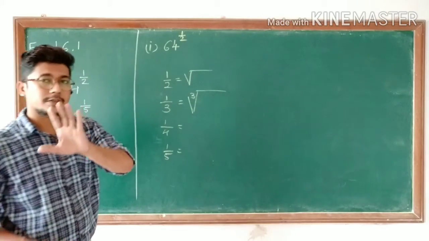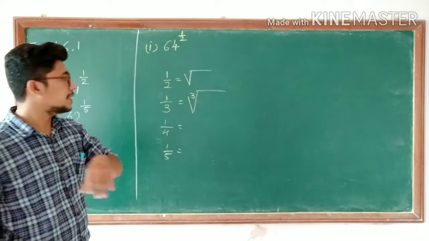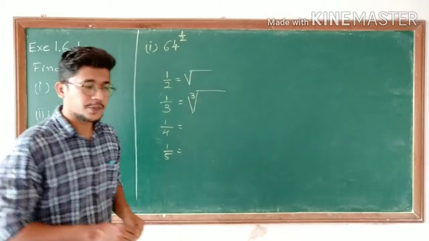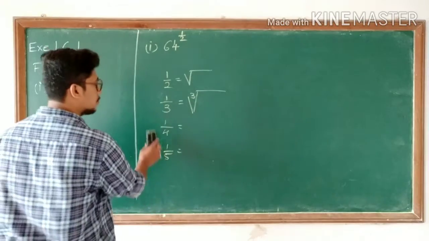But those will not come into the picture. 1 upon 2 is square root, 1 upon 3 is cube root. You have to make a note of that.